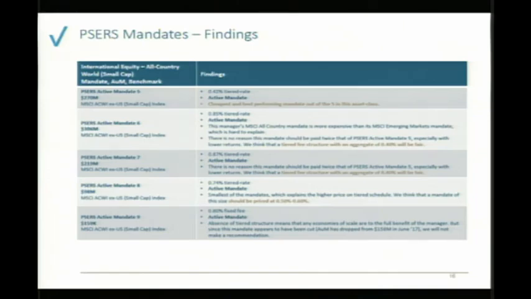So the cheapest out of the 5 mandates has actually been the best performing. So there's clearly room with the others to negotiate the fees, also because their performance has maybe been a bit disappointing, especially compared to this active mandate 5, which is here listed at the top.